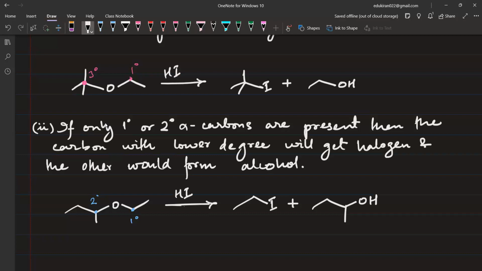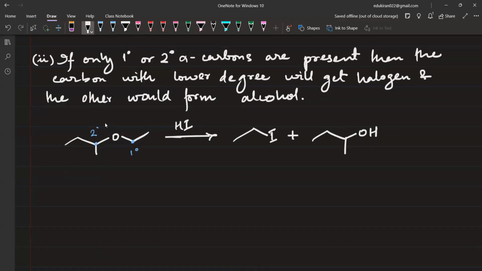Yes, sir. ठीक है, नेक्स्ट केस है आपका. Next case is this one, alkoxybenzene.